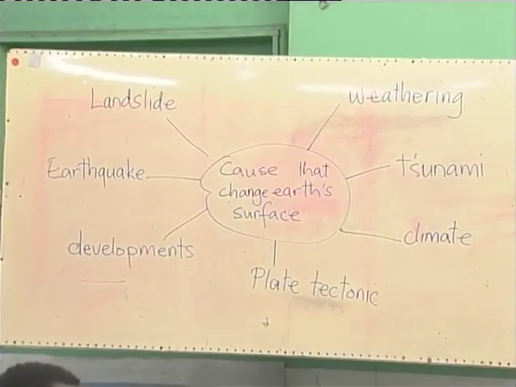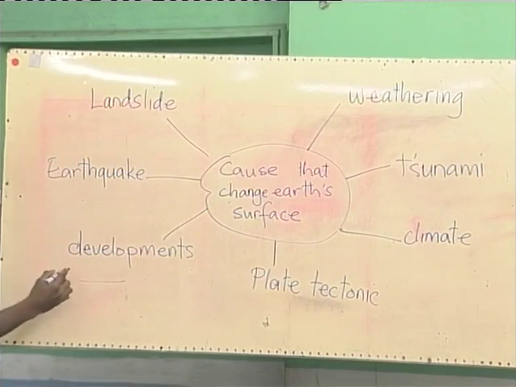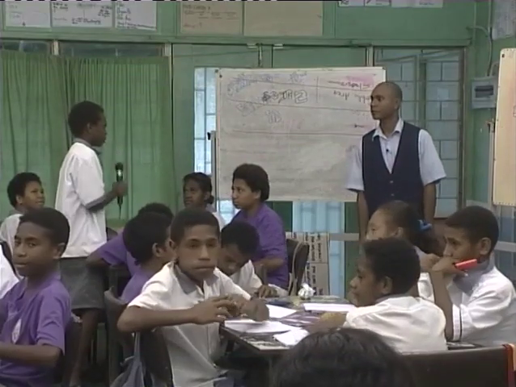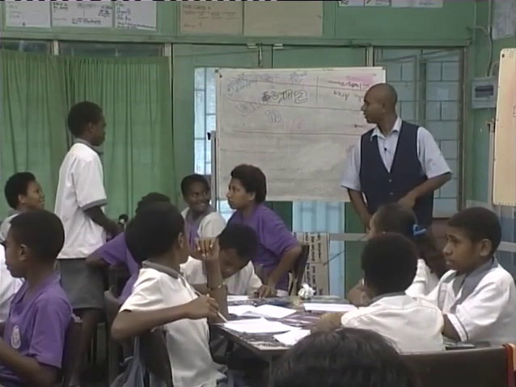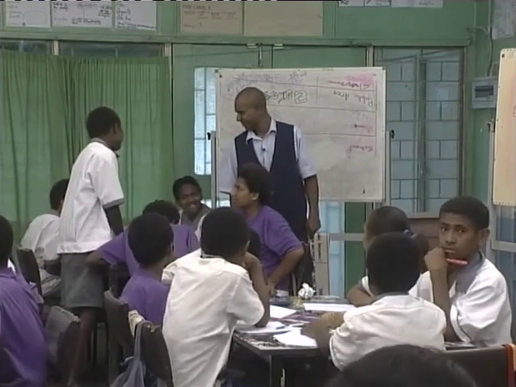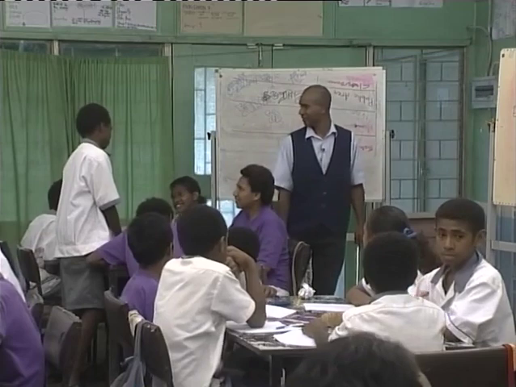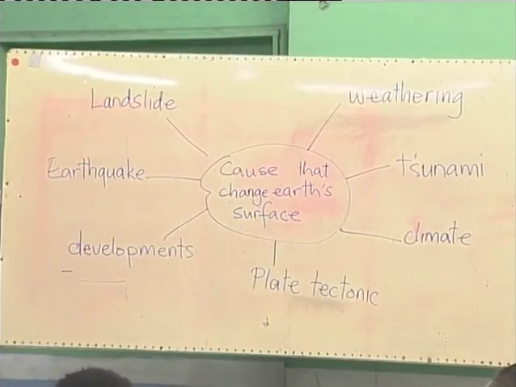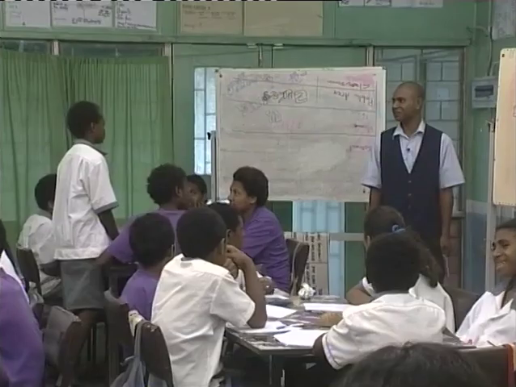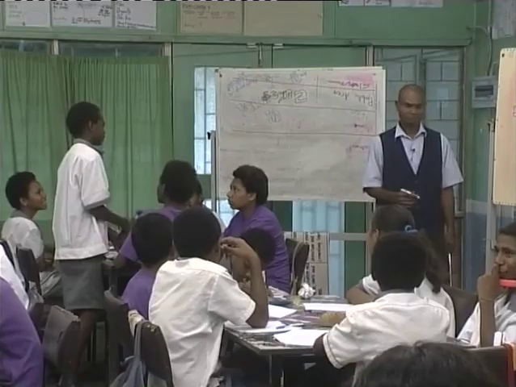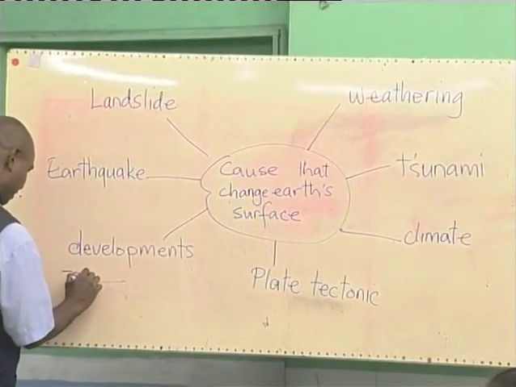Emmanuel, give us an example of a development that changes the surface of the earth. Man-made interaction with the earth. Okay, what kind of interaction? An example. Construction or mining. Okay.